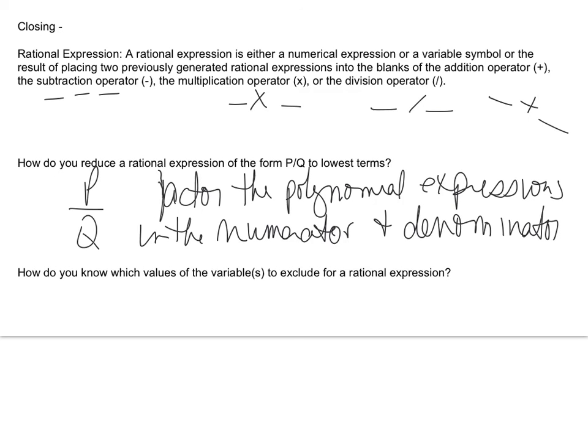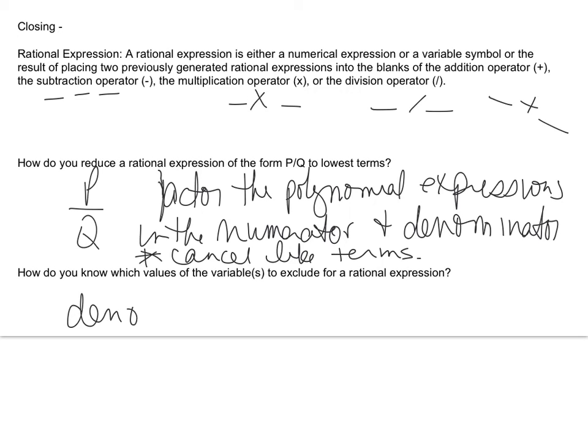And then divide any common factors from both the numerator and denominator, which means cancel like terms. How do you know which values of the variables to exclude for a rational expression?